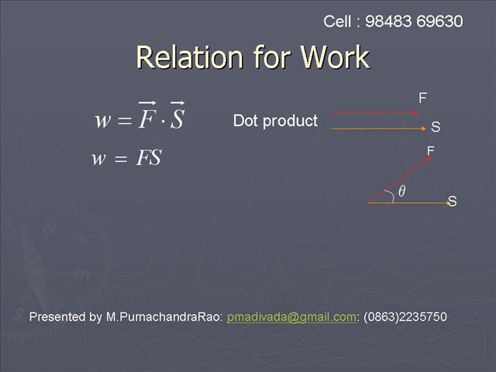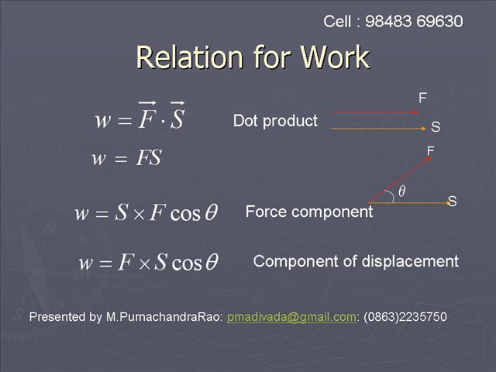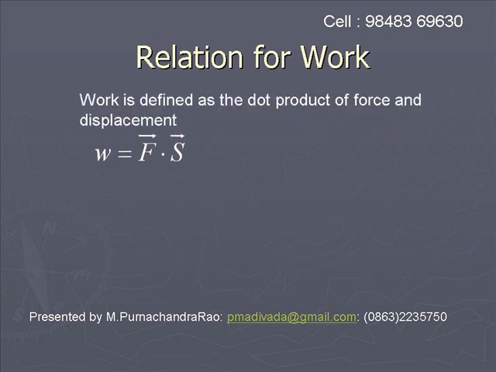If the force is making an angle theta, then W is equal to S into F cos theta, or F into S cos theta. Like this we compute the work done. It is defined as the dot product of force and displacement, W is equal to F bar dot S bar.